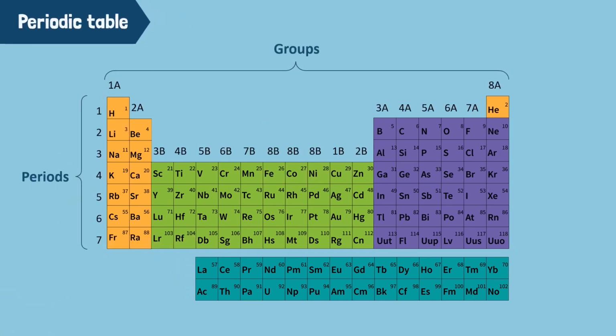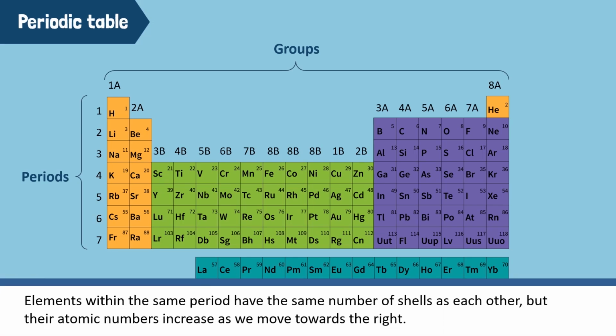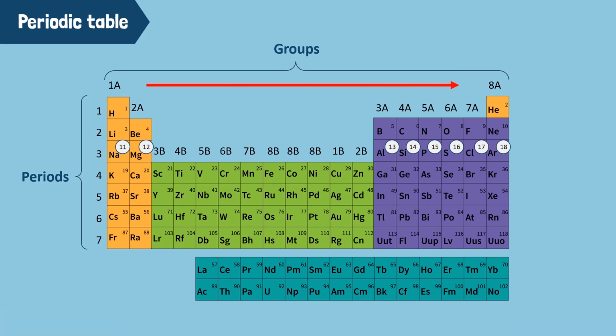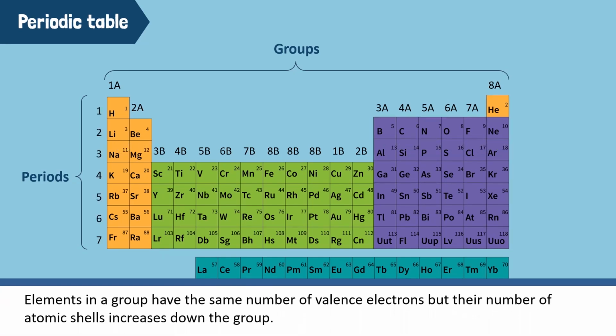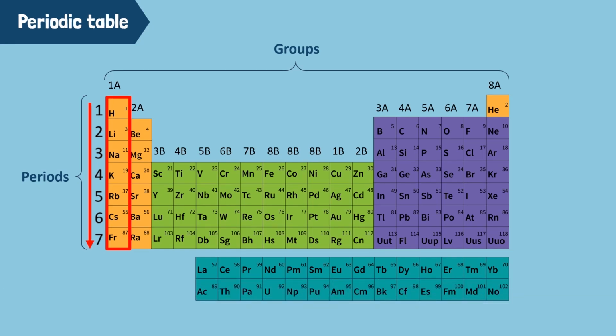Once all the elements were organized into groups, periods, and subshells, scientists noticed an interesting pattern. Elements within the same period have the same number of shells as each other, but their atomic numbers increase as we move towards the right. Similarly, elements in a group have the same number of valence electrons, but their number of atomic shells increases down the group.